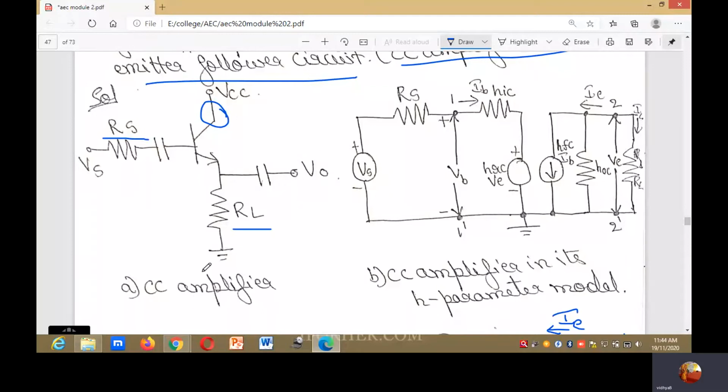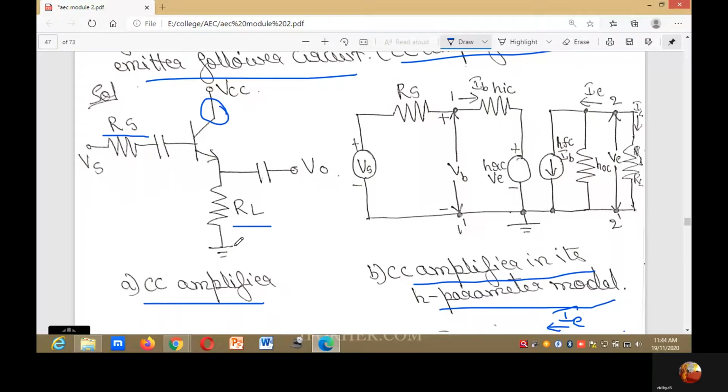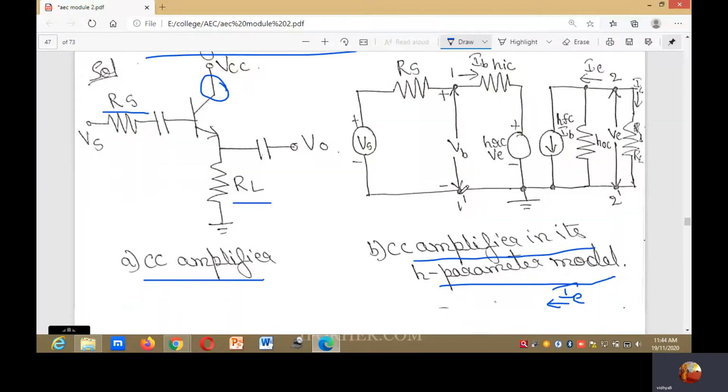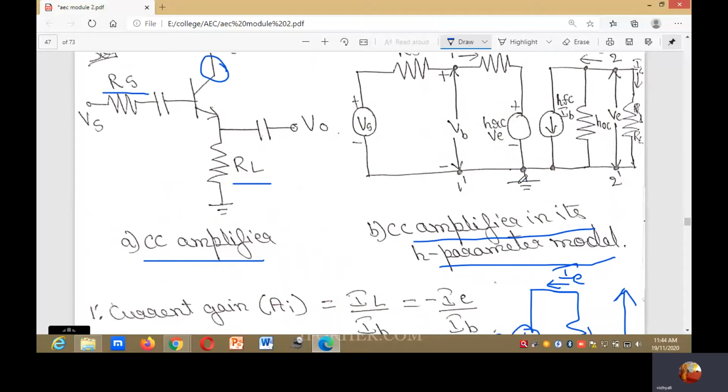Common collector amplifier. Common collector means the collector is common to both input and output, so it is called a common collector amplifier. Here is the common collector amplifier in its H parameter model. This is the circuit of the H parameter model.